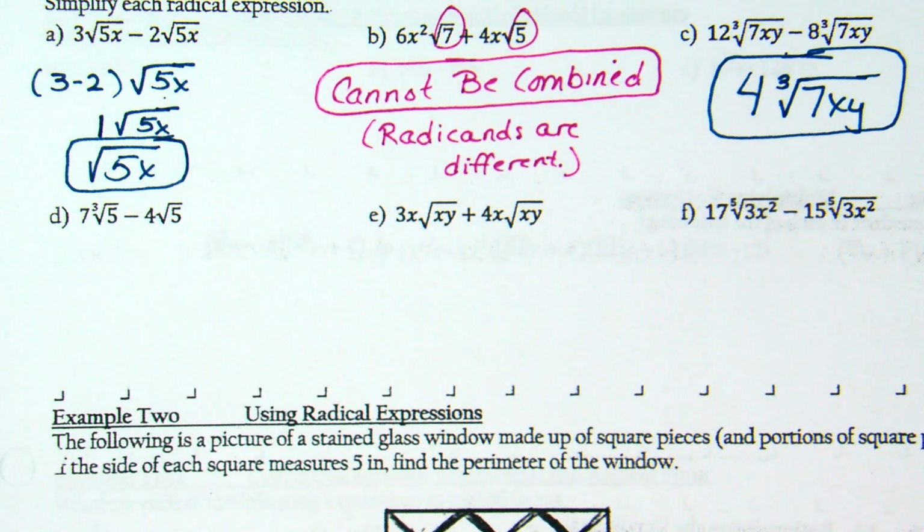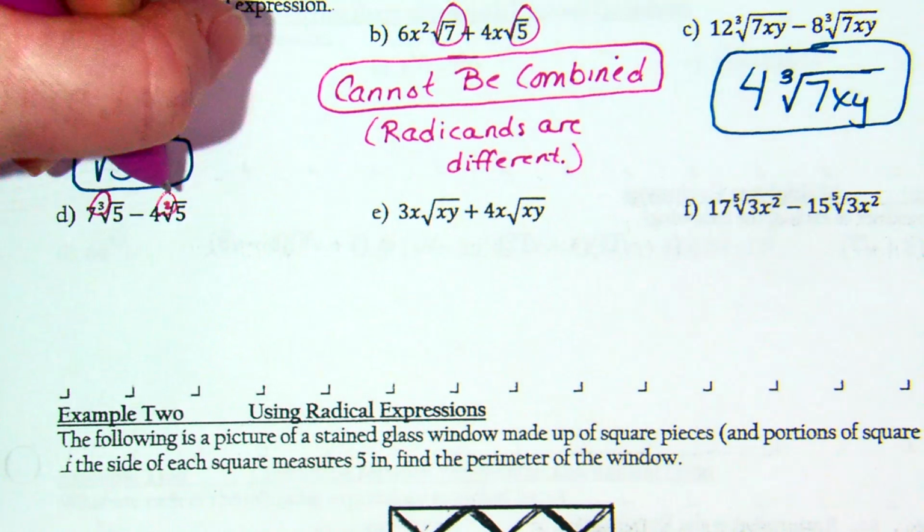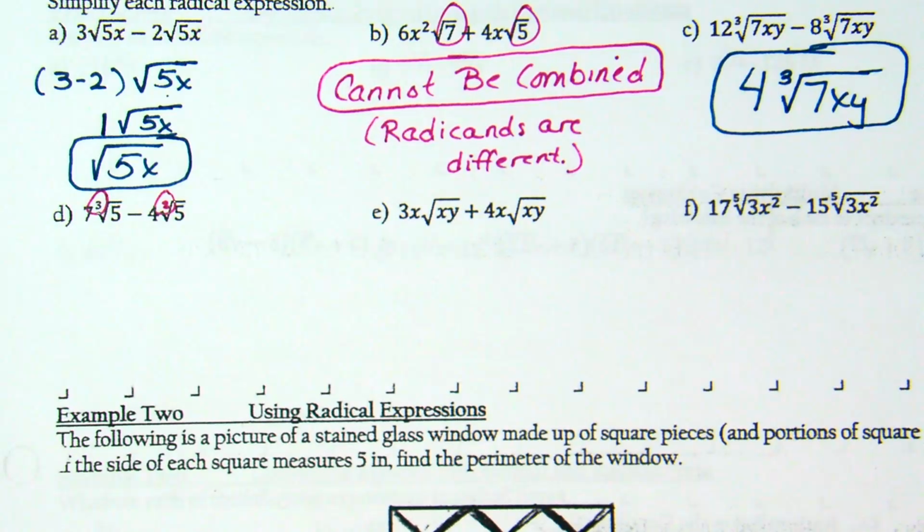You don't think they can be combined? Why not? Okay, the official word is that the indexes are different. They're different roots. So we've got a 3, and we've got an invisible 2. And we've got a 3 and an invisible 2.